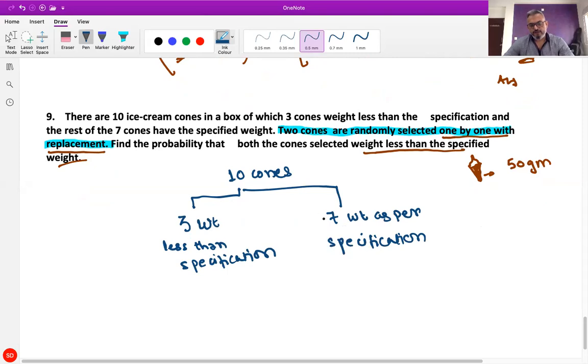This is the first thing we will do is we will understand the question कि 10 कोन है, 3 का वेट कम है और 7 as per specification है.